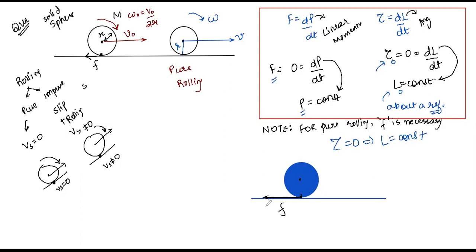Then only slipping will take place, right? But in fact, for any kind of rolling, friction will be necessary. Now, because friction is acting, tell me what all are the other forces. We are drawing the free body diagram, or FBD, of the solid sphere. Tell me what are the other forces acting on this sphere at this point.